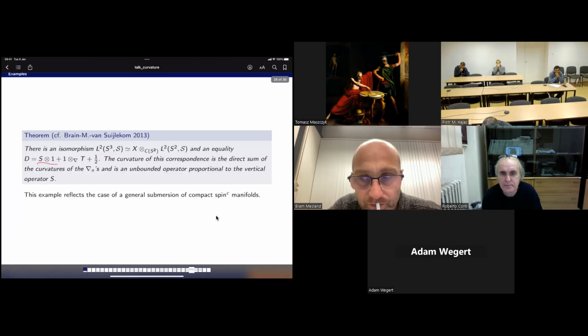My impression is that this total curvature of all these n's should correspond to the curvature of this Riemannian submersion, in a sense. Yeah, I think that is true.